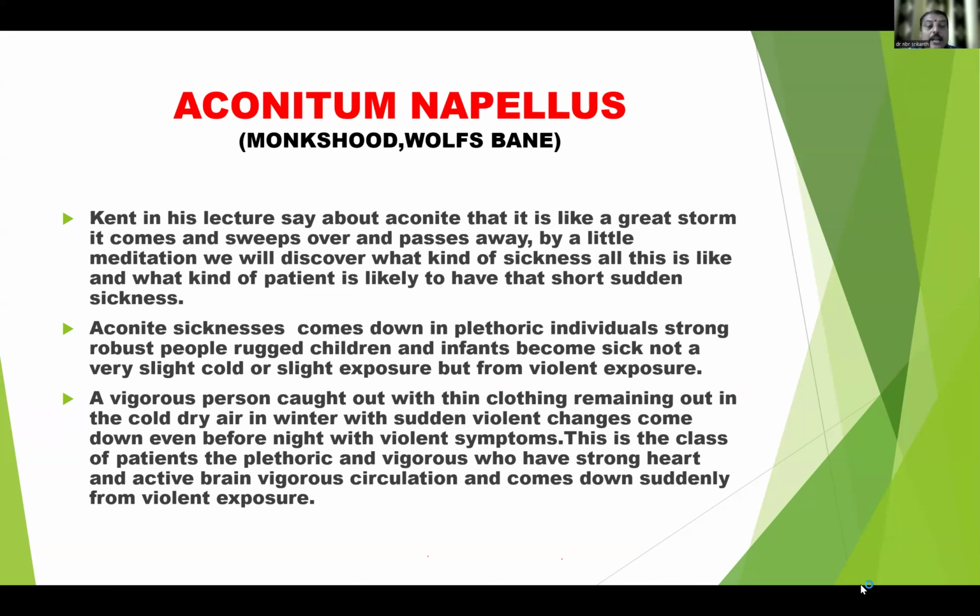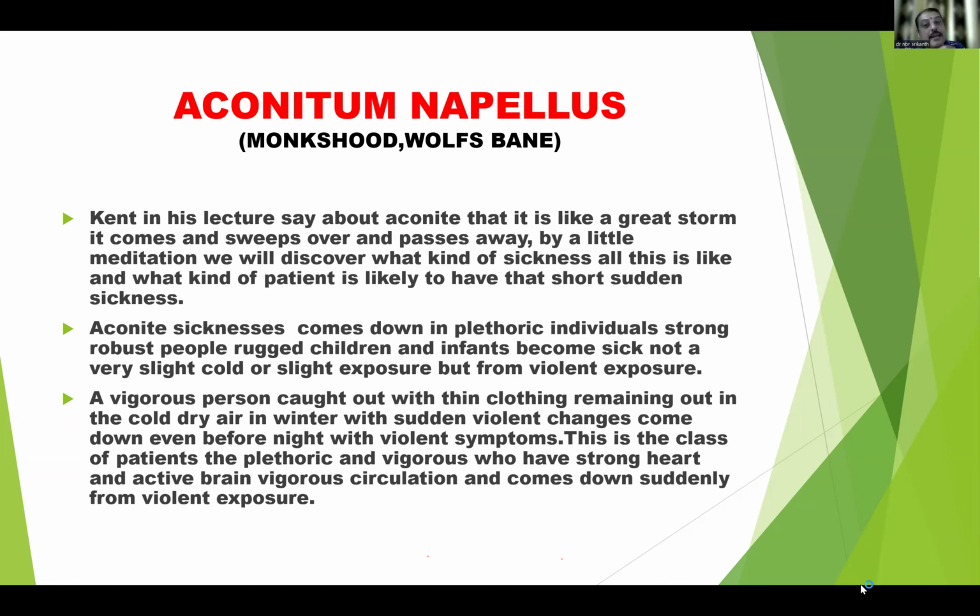And immediately after reaching my town, I got this cold, throat pain, sore throat, high temperature, etc." And if you look at the physiognomy of that person, you can understand he is not a weak person, but a robust, plethoric person. So this is the way you understand the aconite picture, where it can be indicated.